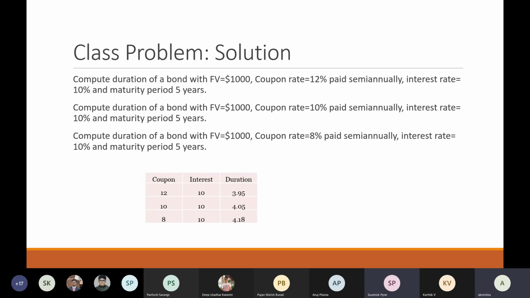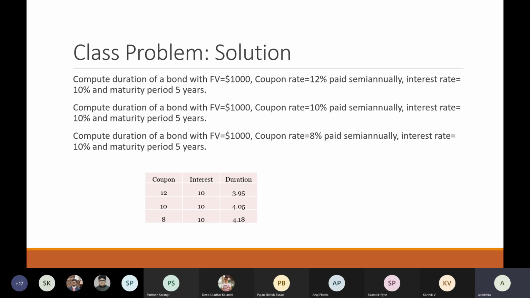Sir, as the coupon rate is decreasing, the time required to recover our initial investment is increasing. Okay. And any other observation? Why is it happening? Yeah, why is it happening?